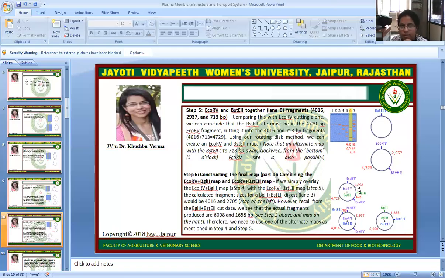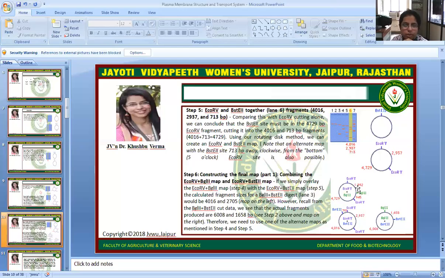In the next step, constructing the final map, part 1, we combine the EcoRV and BglII map and the EcoRV and BstEII map. If we simply overlay the EcoRV and BglII map with the EcoRV and BstEII map, the concluded fragment sizes for the BglII and BstEII digest would be 4,016 and 2,705.